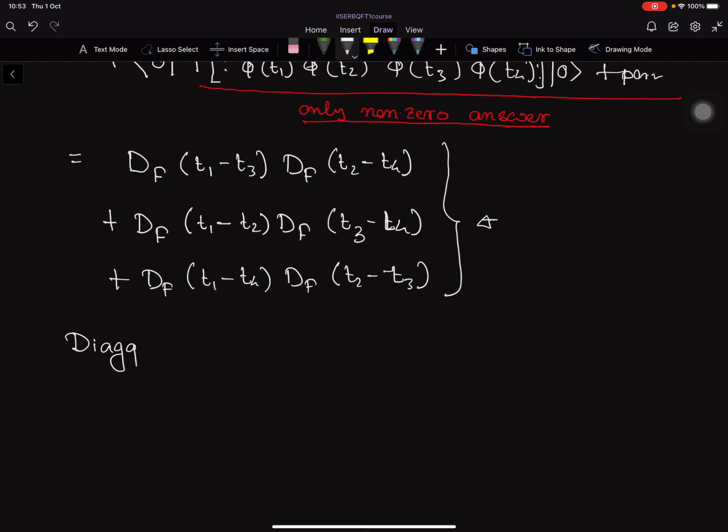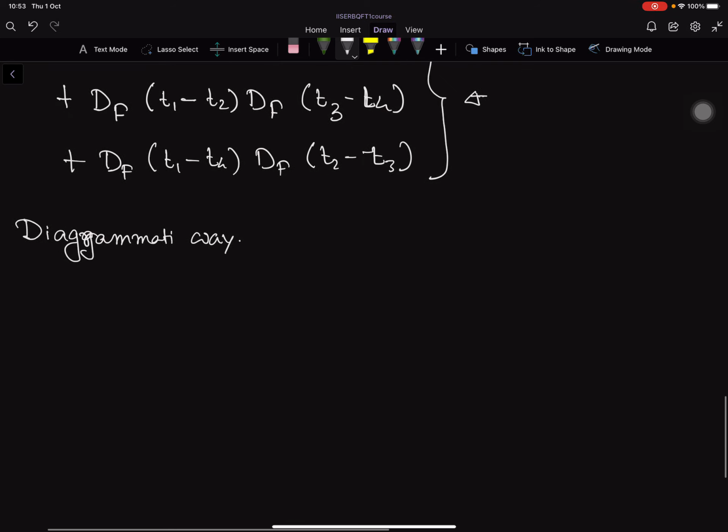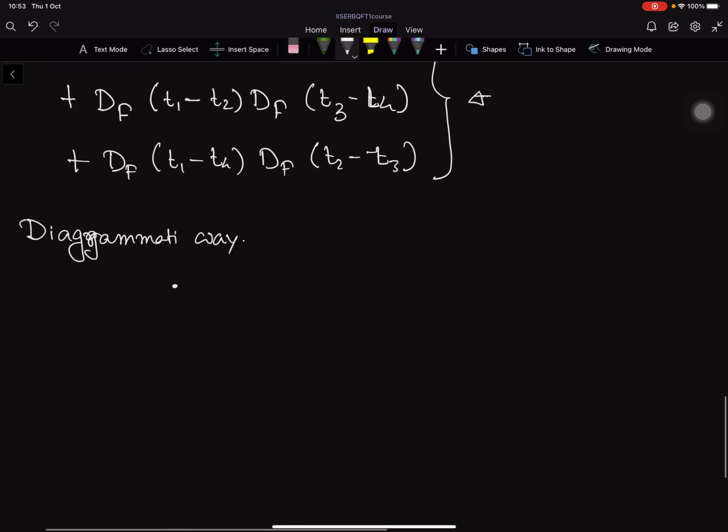Okay, so this is the final answer, and there is a beautiful diagrammatic way to do that. So the diagrammatic way is that for every operator you draw a point. So we have 4 operators, we have 4 points. So let's say this is phi of t1, phi of t2, phi of t3, phi of t4.